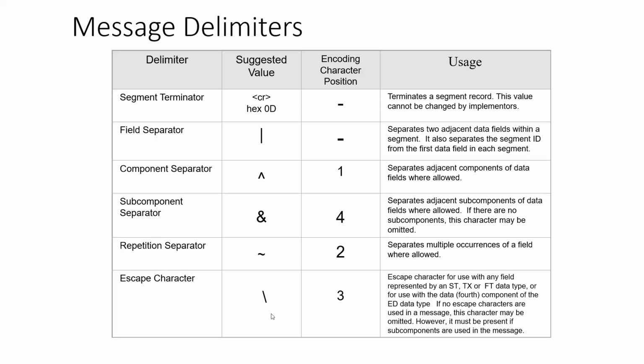And then we have the escape character, which will help us escape the immediate next character following this backslash. We'll talk about this with an example down the line as we go through the training. But most importantly, we need to know about the pipe and caret symbols for now, because those are the things that will help us read the HL7 thoroughly and immediately.